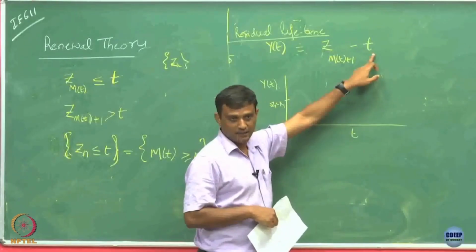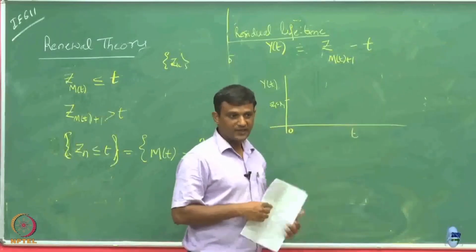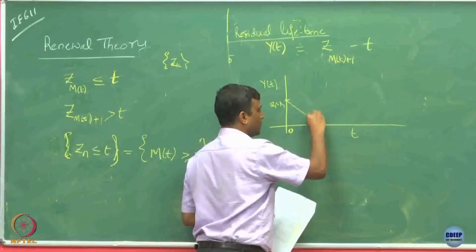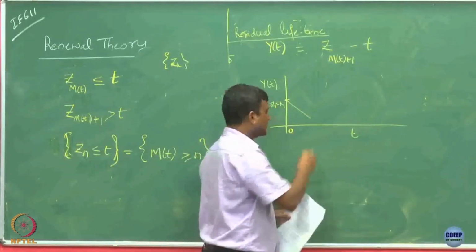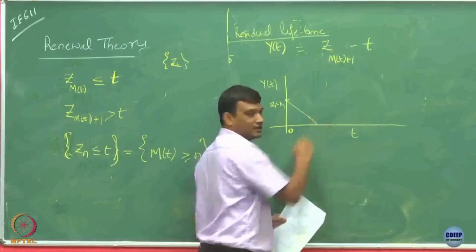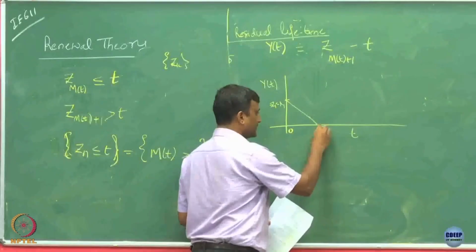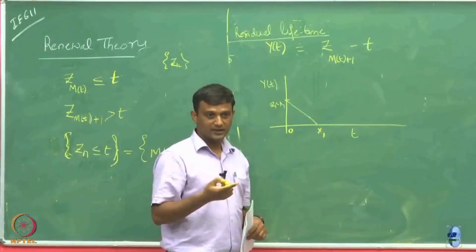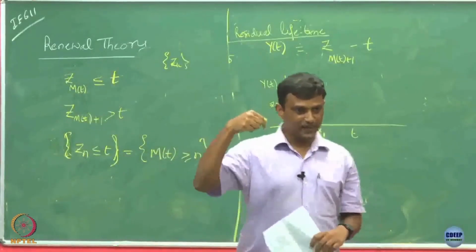What is going to happen? As t increases, it will be decreasing. It will be decreasing till what time? Till the first arrival can happen, right? And what is that? It is X1. At X1 an arrival has happened.